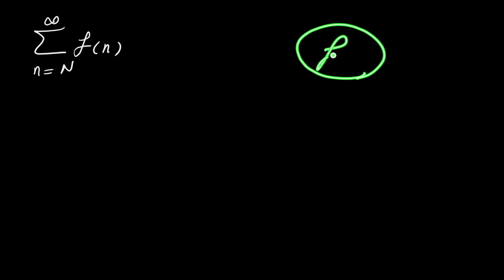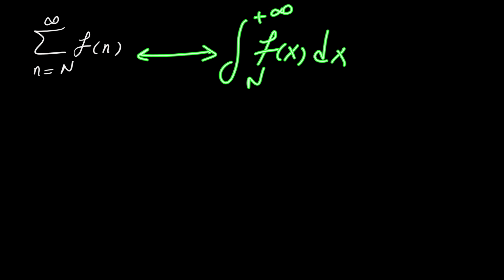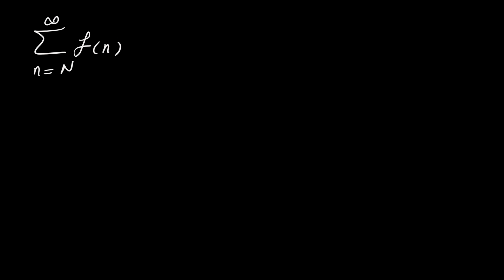If the function f of x has specific properties, like continuous, positive, and decreasing on this specific interval from N to positive infinity, then the theorem says that the behavior of the integral of f of x dx from N to positive infinity is the same as the behavior of the sigma f of n from capital N to positive infinity.